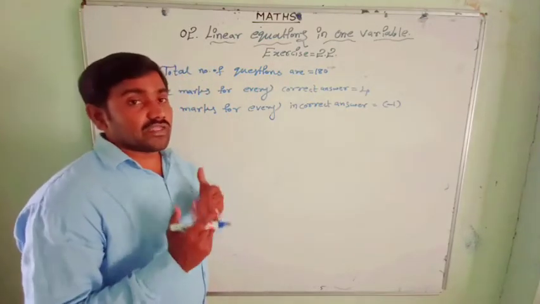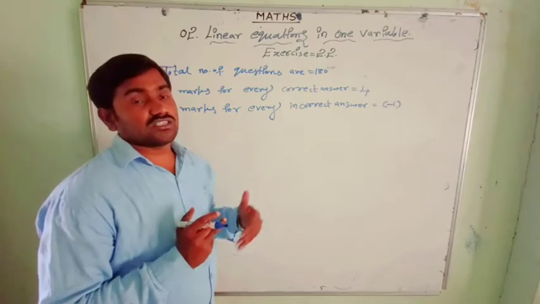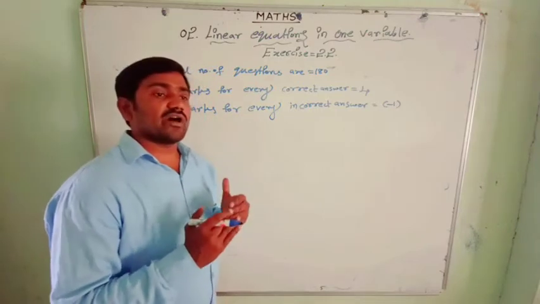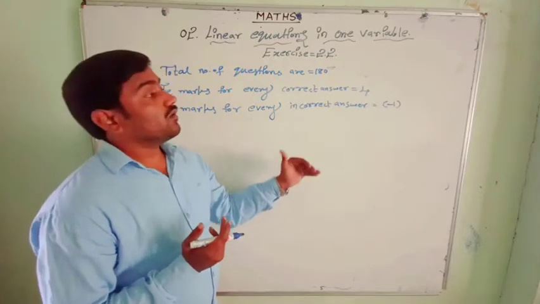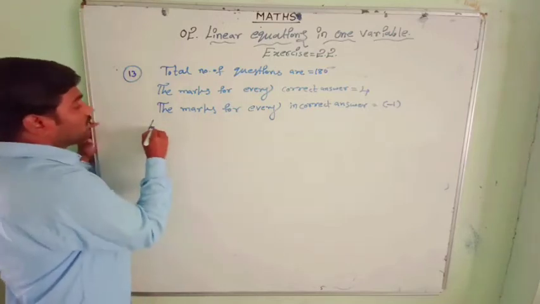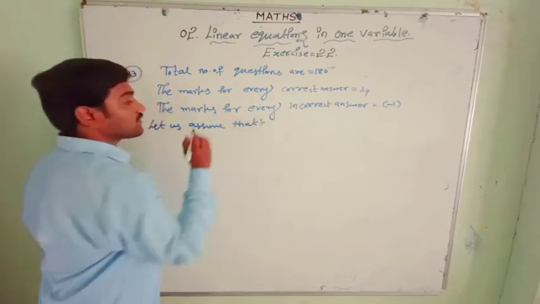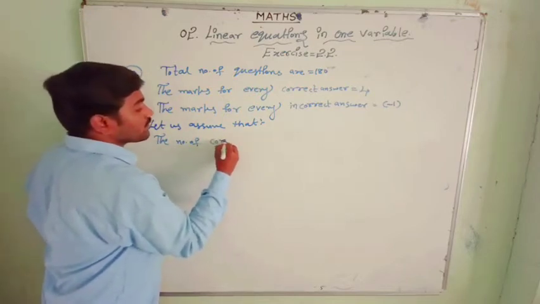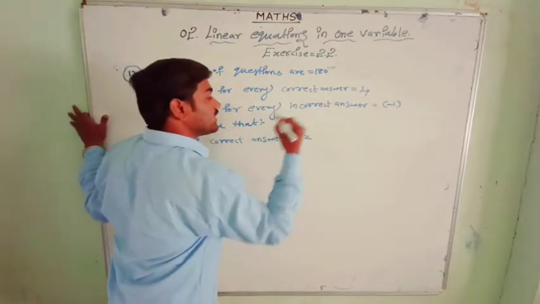So here we have to find how many questions they have written correctly and how many they have written wrong. Let us assume the number of correct answers is x.